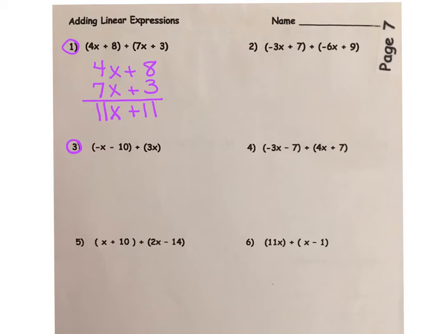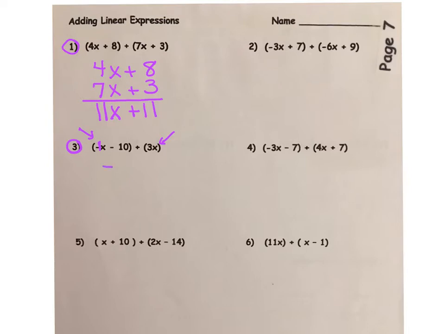Let's move on to number 3. In number 3, you can see that we have negative x minus 10. Please insert a 1, squeeze it in there behind the negative sign and in front of the x. We're adding 3x to that first quantity. This is a monomial, and this is a binomial.